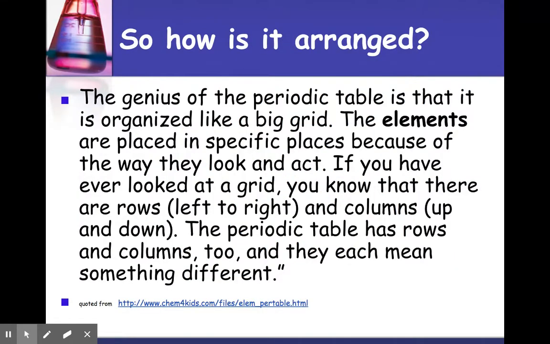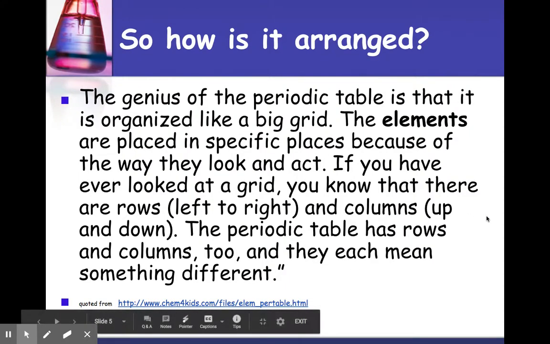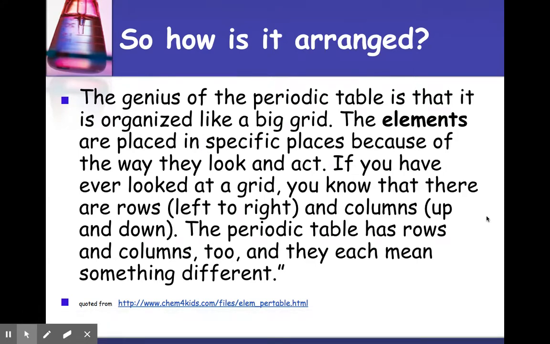So when we talk about the periodic table, I'll explain a little bit of this, and then I'll go to our better periodic table so I can show you. It's arranged like a grid. You've got vertical columns, horizontal rows, like I said, and the elements in this grid are specifically located from left to right and from top to bottom. All right.